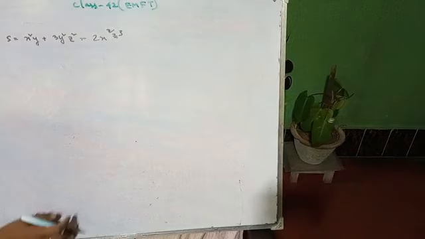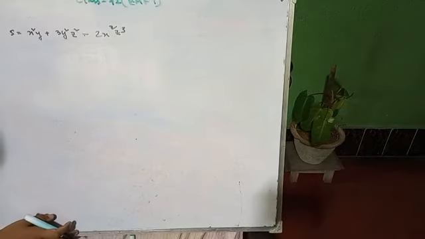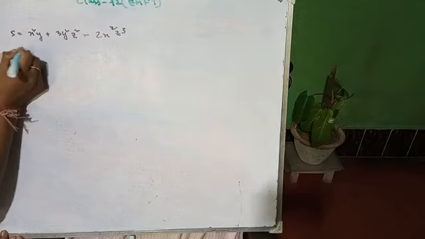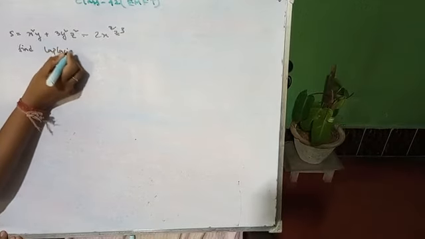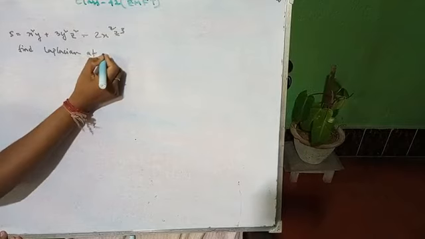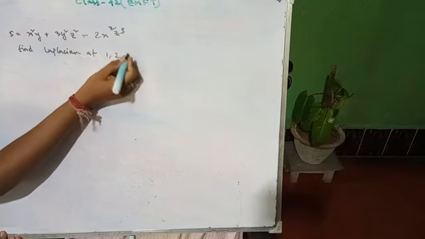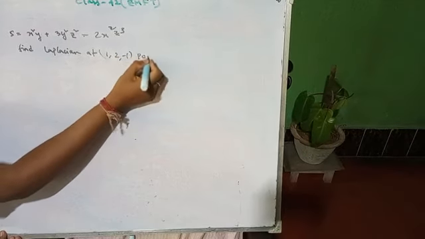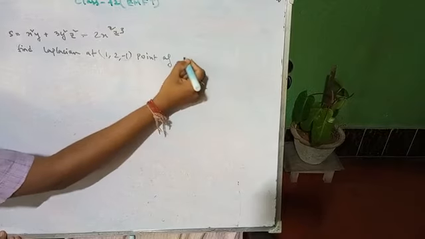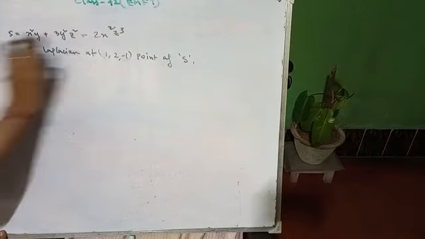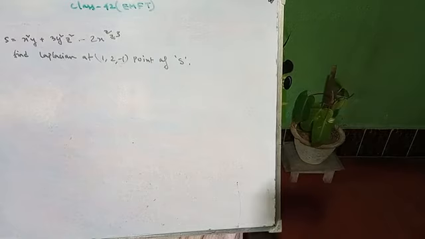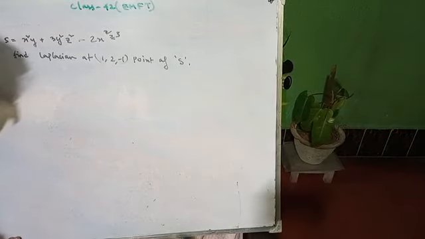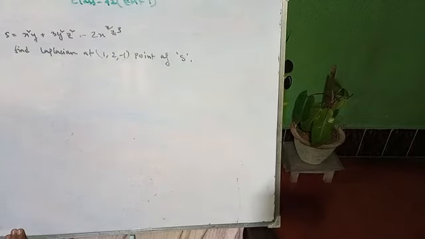Find the Laplacian at the point (1, 2, minus 1) of S. That is, S is a scalar quantity. You can check that it is a scalar quantity. Why? Because there is no i cap, no j cap, and no k cap present.